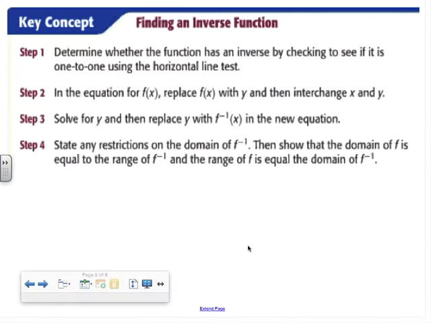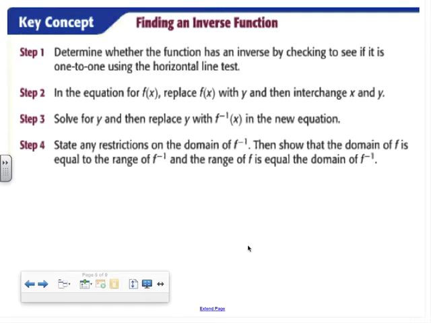Pause your video to work through the your turn below. So how do I find the inverse of a function? First of all, I want to make sure that the function has an inverse by doing that horizontal line test we just discussed. Step 2, it says replace f of x with y and then interchange x and y. So basically, you're going to switch the x's and y's. And then you'll get y by itself.